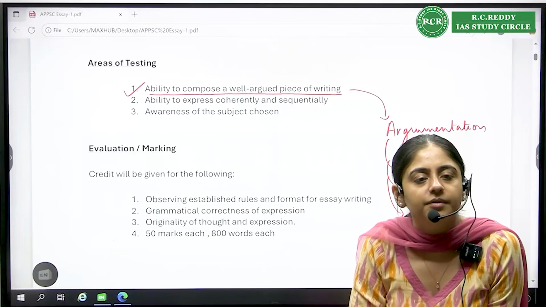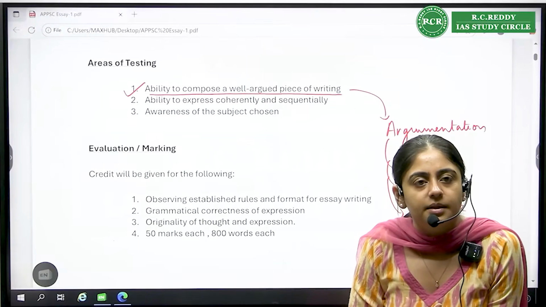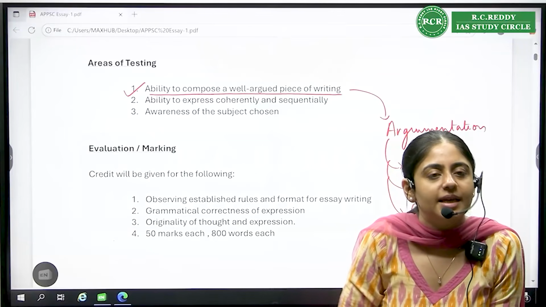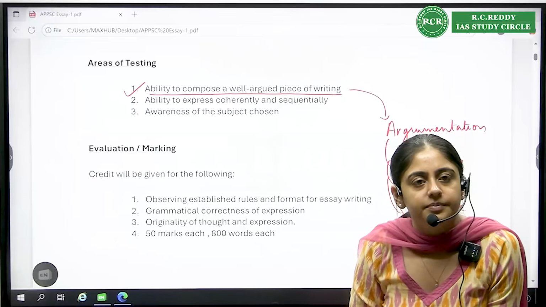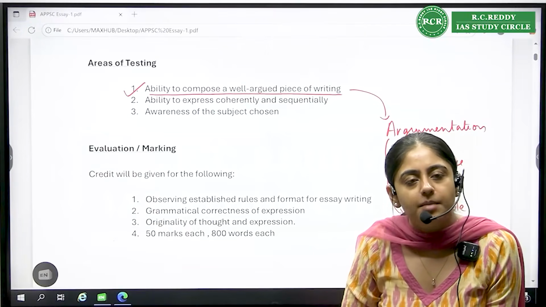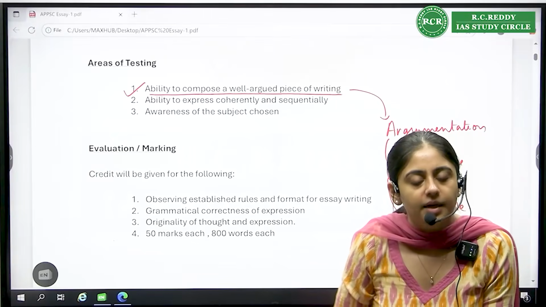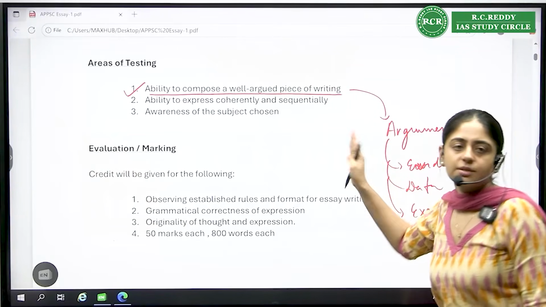Validation is very, very important in your essays. Validation proves that this person is not pulling things out of thin air. He's supporting it with an example, with some data. And that is why this essay is a well-argued piece of writing.